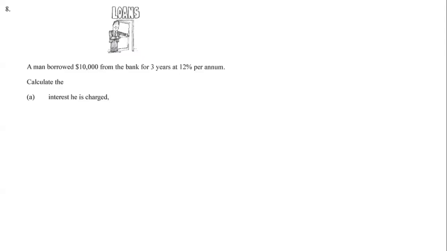A man borrowed 10,000 from the bank for 3 years at 12% per annum. Calculate the interest he is charged.